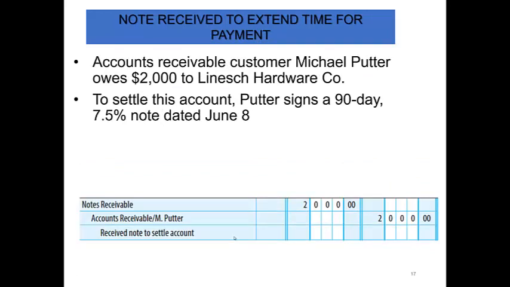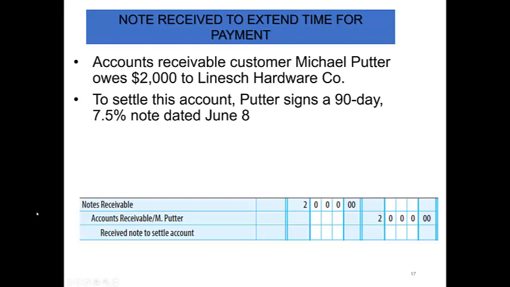In this example, we are accepting a notes receivable to extend time for payment. So we've got an accounts receivable sitting on the books from a customer named Michael Putter. He owes us $2,000. So to settle the accounts receivable, Putter is going to issue a notes receivable in its place.